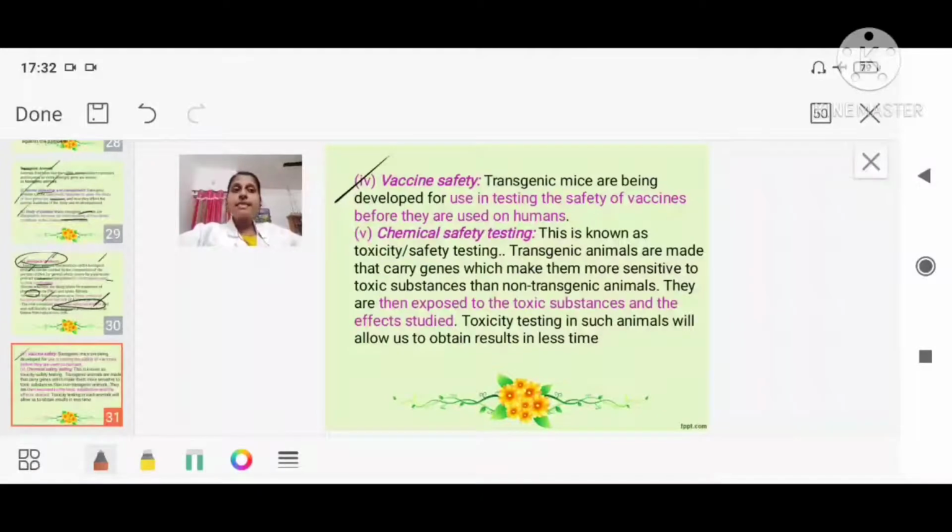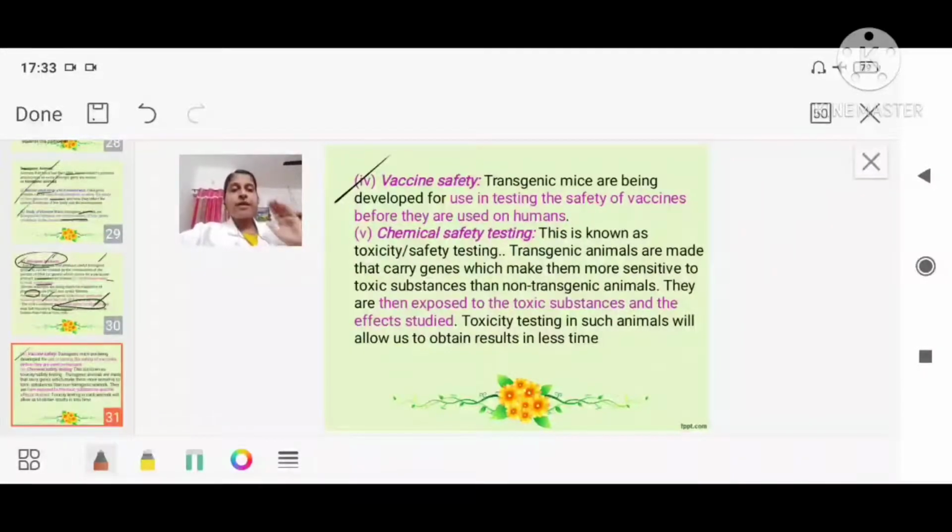So for testing that, what are we making? Transgenic mice. Transgenic mice are made, coding with rDNA sequences equivalent to those of humans, and the vaccine is introduced into the mice. After introducing it, we check whether the vaccine is functioning properly, whether it is causing some dangerous effect, whether the mice can survive, whether it is useful or harmful.